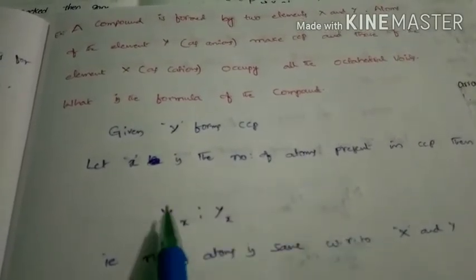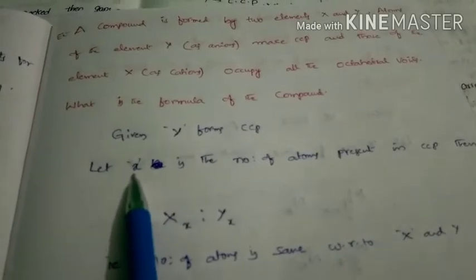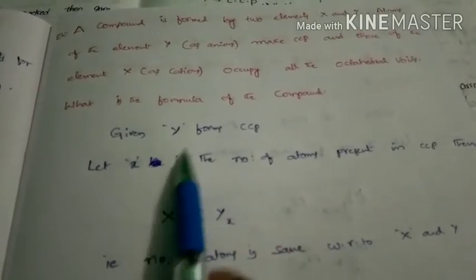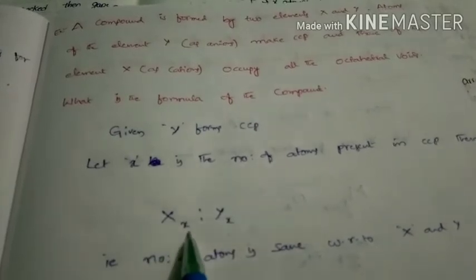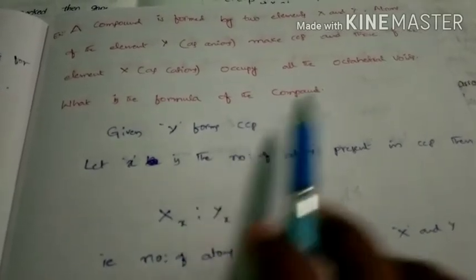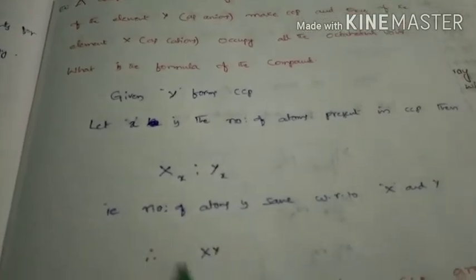So if x is the number of atoms of Y in CCP, then X also contains x atoms, because the number of atoms is equal to the number of octahedral voids. That is, the number of atoms is the same for X and Y. Here small x and here also small x, so both will cancel. So finally the formula is XY. That's all. That is the way to calculate this.